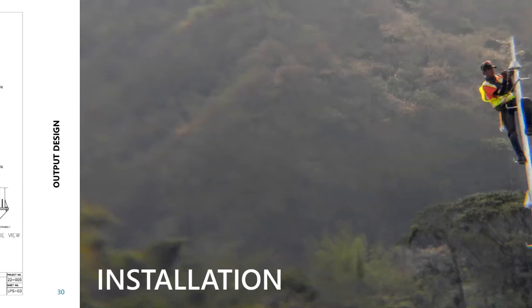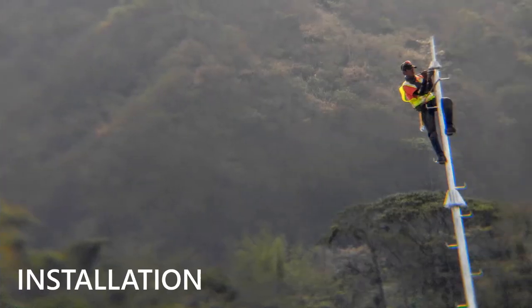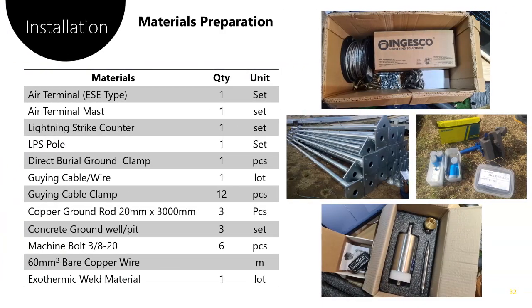Another one is the installation. So for our installation, I prepared a list of common materials that you will be needing in order to have a lightning protection system. And by the way, again, I'm just reminding you that we are talking about the ESE type.